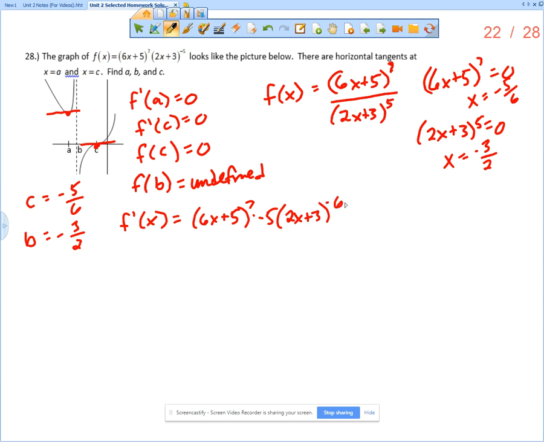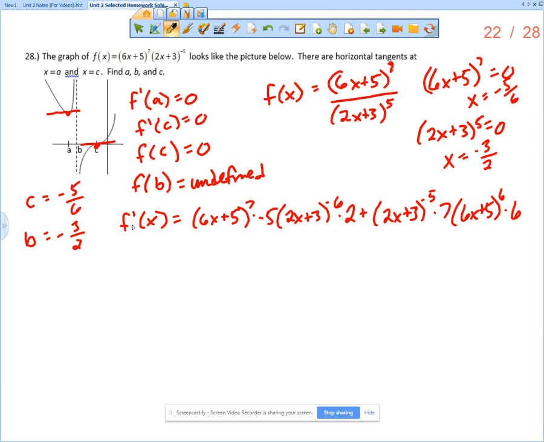Remember, reduce the power by 1, and then don't forget about multiplying by the derivative of 2x + 3, which is 2. Plus, then I have (2x + 3)^(-5) times the derivative of (6x + 5)^7, which is 7 times (6x + 5)^6 times the derivative of 6x + 5, which is 6.